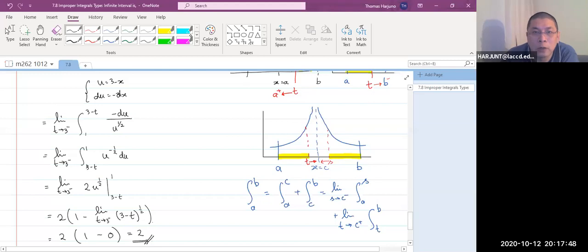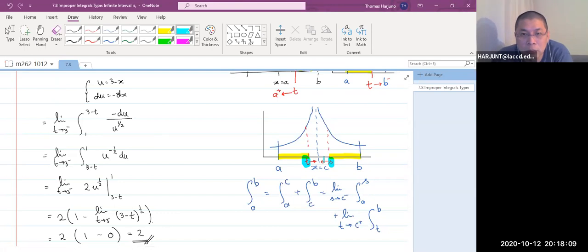If both of them, for example here, if you use this to be t and this one also t, then later on your t may cancel while they are not supposed to cancel. Setting both of them to be t, you are saying that both of them approach c at the same rate, while they're supposed to be approaching independently. So the answer is no, you cannot use the same variable.